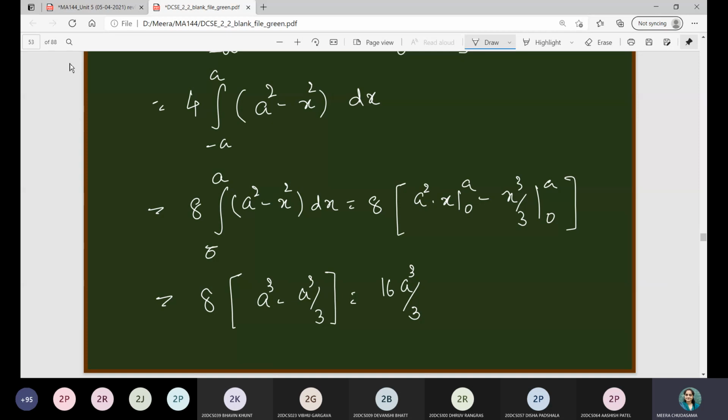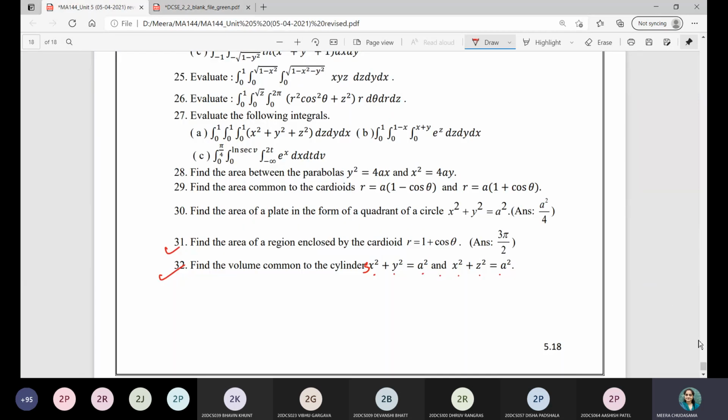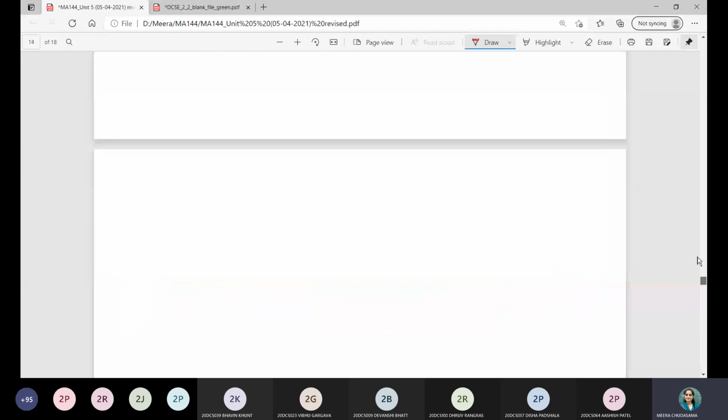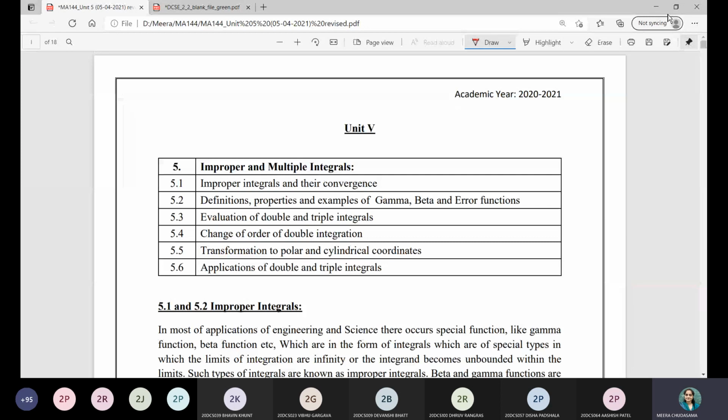Then actually we have to start with the improper integrals. That is the first 5.1 and 5.2, which I have already told you will be taken after completion of these 4 topics.